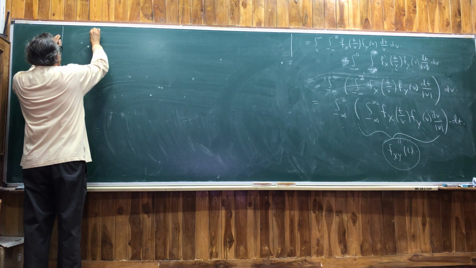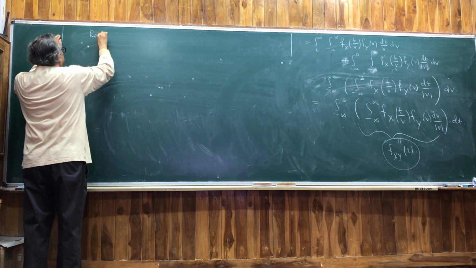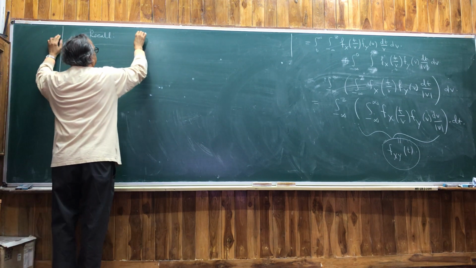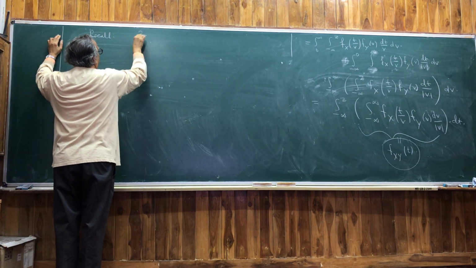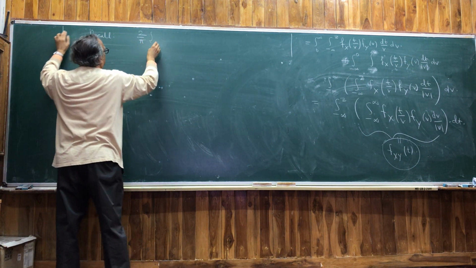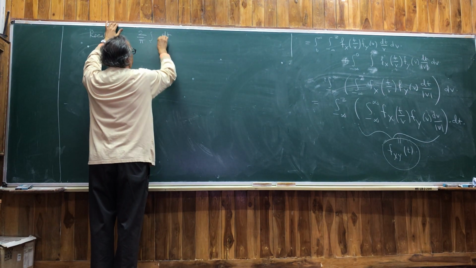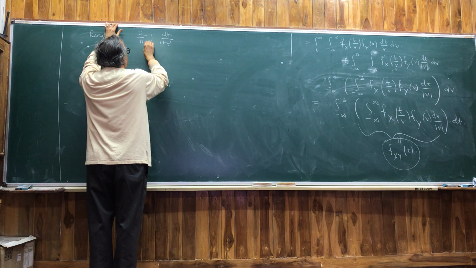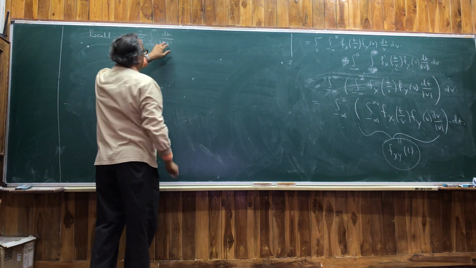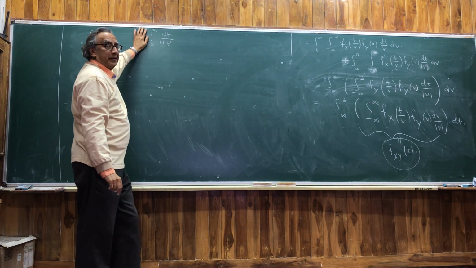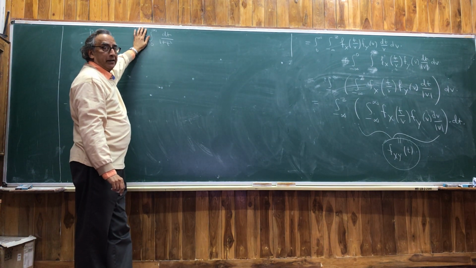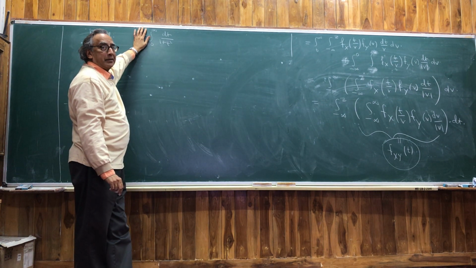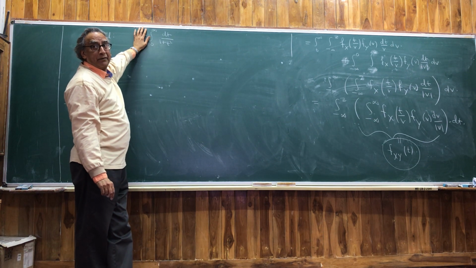Now, recall that 2 over pi, integral of dt over 1 plus t squared, from 0 to infinity. If I integrate this, that's arctan t, and so we get arctan infinity minus arctan 0.